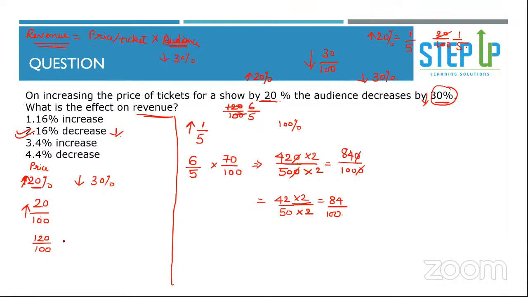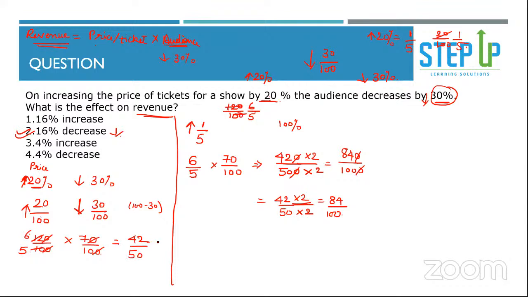Okay, let me write this 120 by 100 only. Decrease by 30 by 100. So decrease, it means that this 30 needs to be subtracted. So you will get what? 70 by 100. Okay, let's cancel whatever we can cancel. So you will get 6 into 7, 42, and 5 into 10, 50.